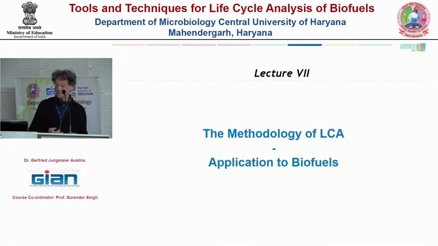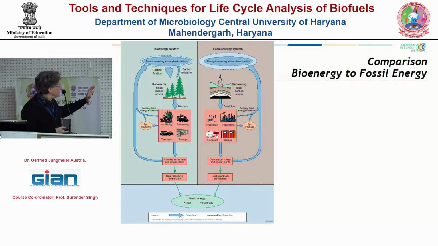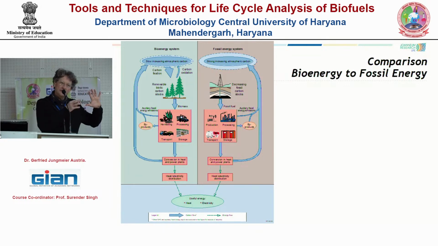Okay. So I come to my lecture number 7, zooming in a little bit more on the methodology of life cycle assessment and its application to biofuels. At least what we've seen, we are going to compare using biomass, and as we want to replace fossil energy, we compare it to fossil energy, and this is again a graph showing how you do these comparisons.